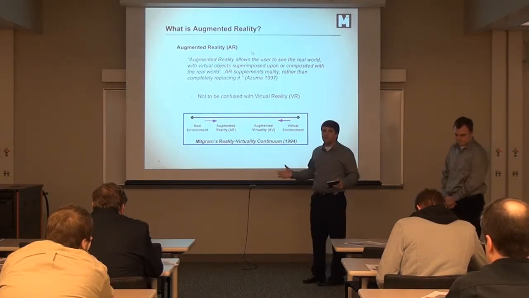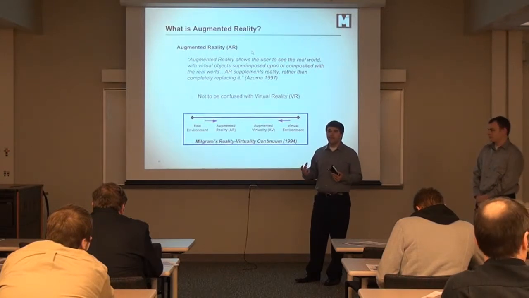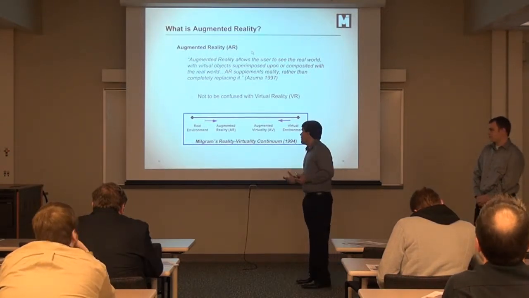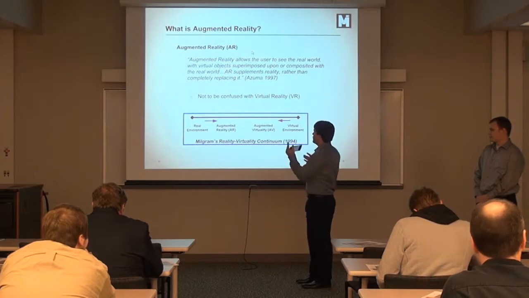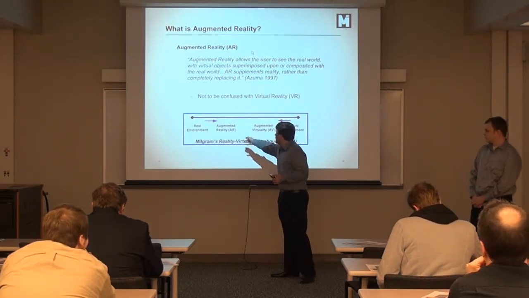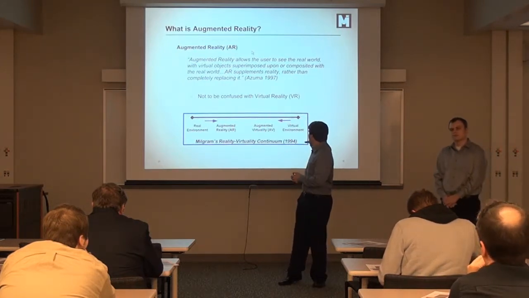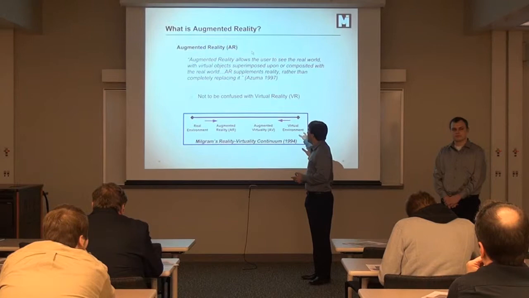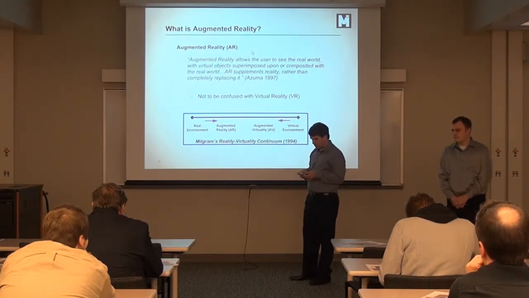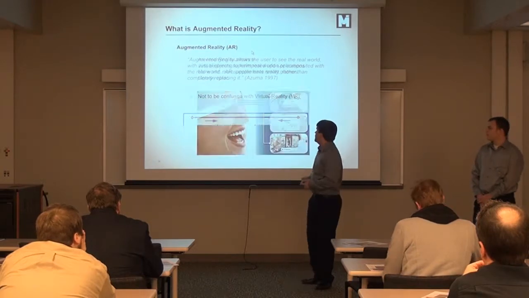So it's a completely fabricated environment, nothing of it exists, and you need some type of technology to help you get to this environment. Augmented reality, however, is somewhere between the real environment and the virtual environment. It's right around the middle in this area over here. And it's simply using the real world that you see around us right now and those virtual assets over here and overlaying them together.